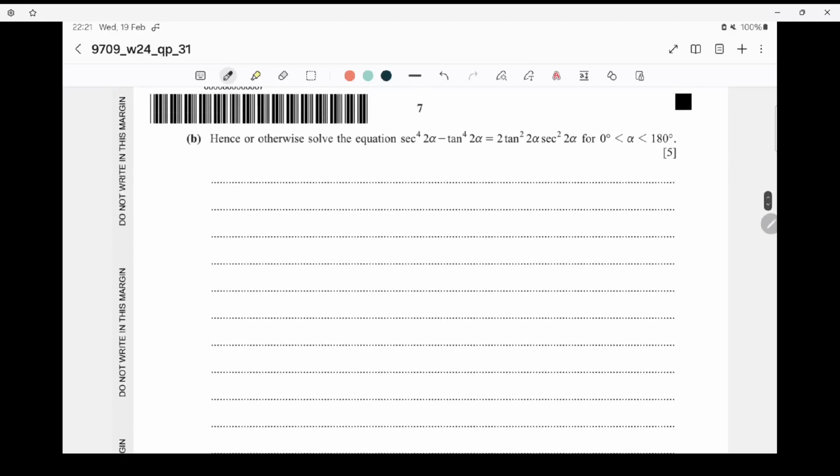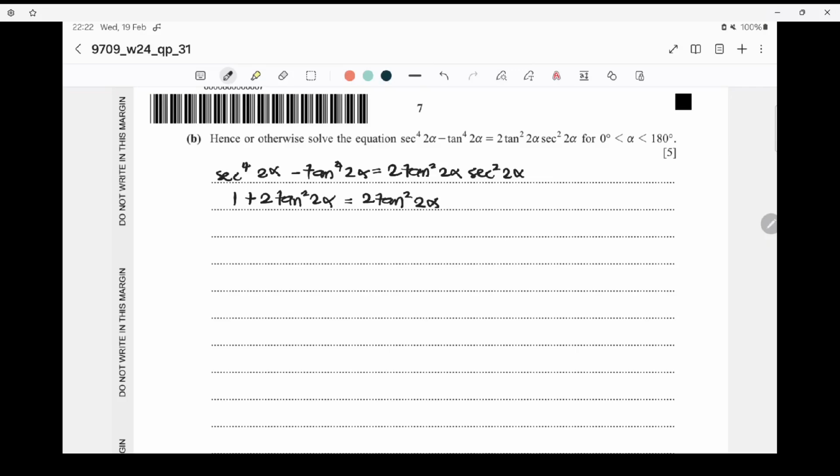Part B. Hence or otherwise solve the particular equation. So you write down the equation first. Alright. So the left side, you can directly substitute the identity that you have proved before. So at this point, you have two choices.